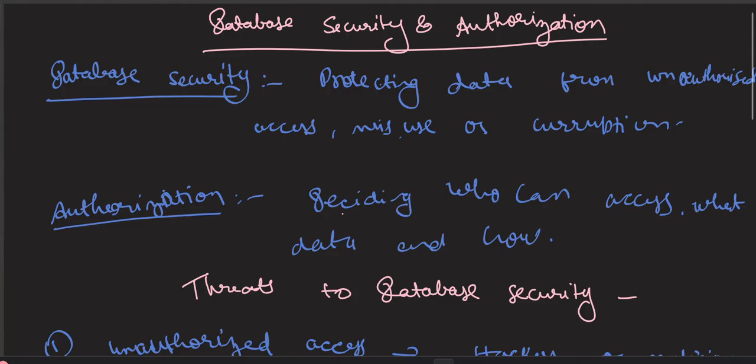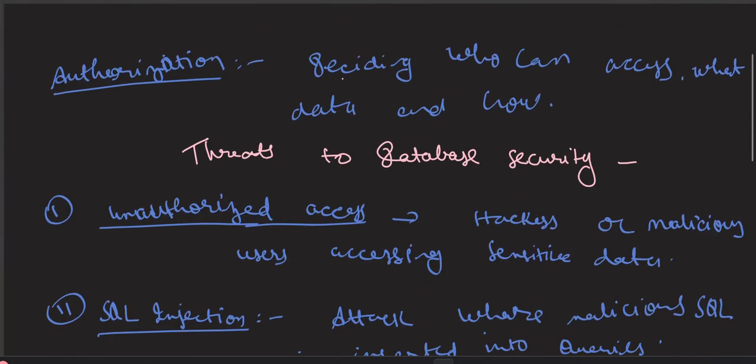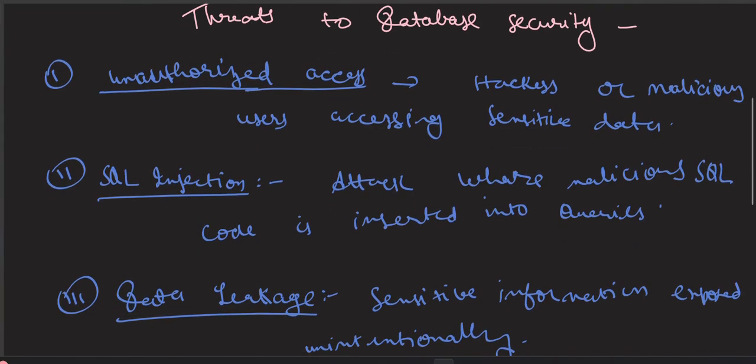Moving further, the next topic is threats to database security. The first one is unauthorized access. Unauthorized access means a hacker or some malicious user accessing the sensitive data.